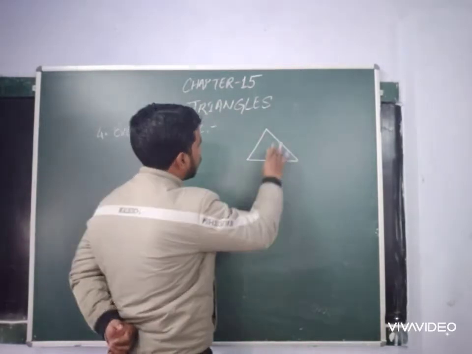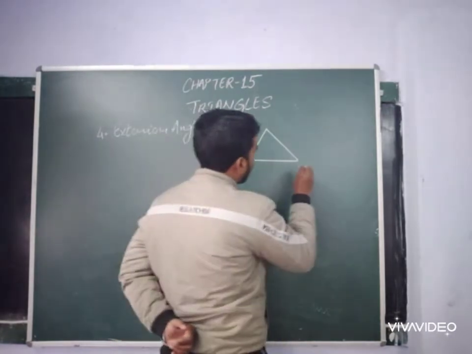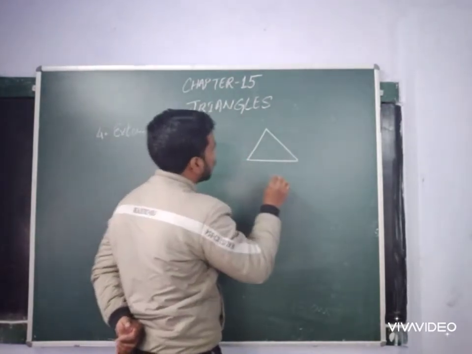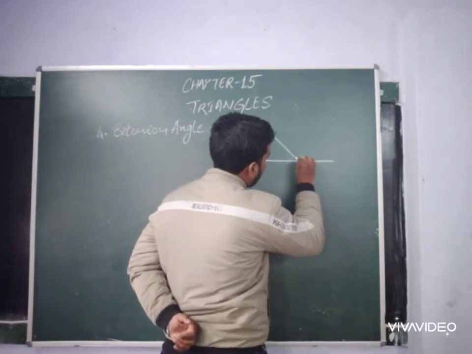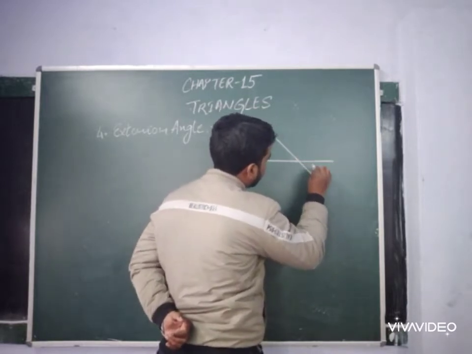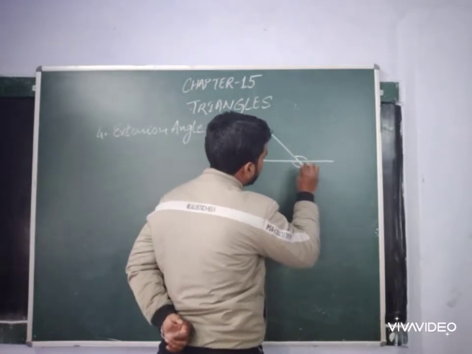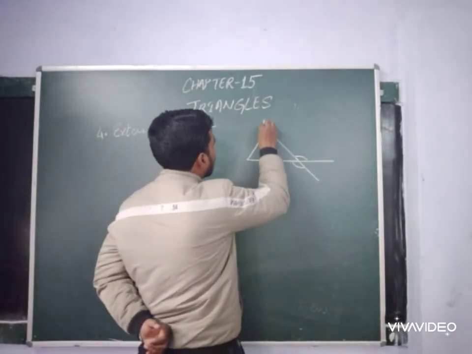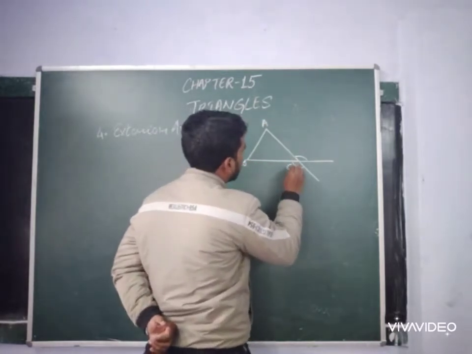In this, all the angles are inside. Now we have to see what the exterior angle is. If we produce this line forward and this line over here, one angle forms on this side and one is adjacent to it. Clear? Now name these A, B and C.